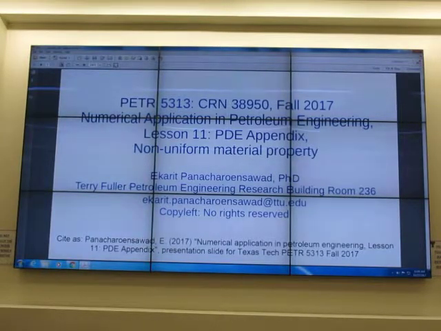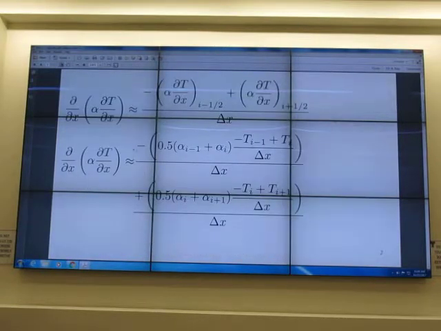In the previous lecture, I talked about how to do the approximation, but that approximation is not really what you want to do. We talked about that if we use finite volume instead, the derivation will be more rigorous. But it doesn't mean that you cannot do it with just finite difference.